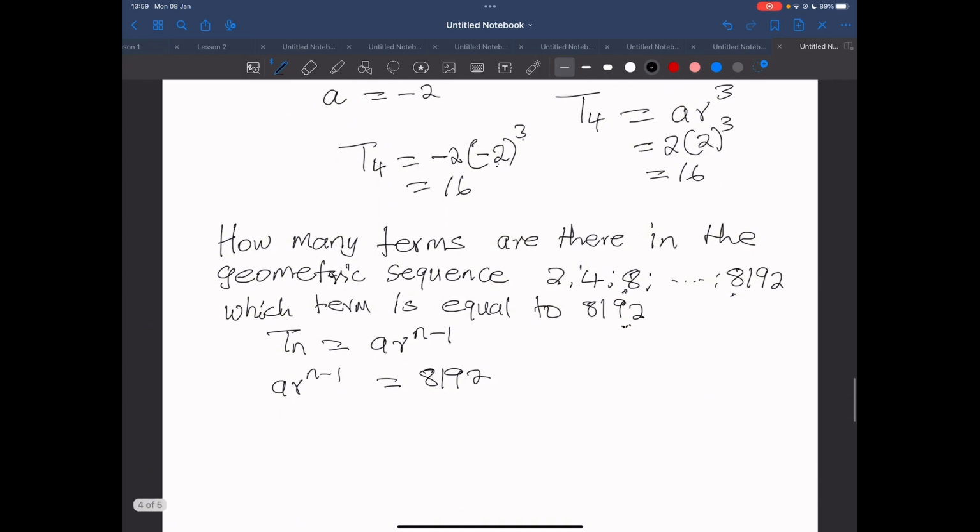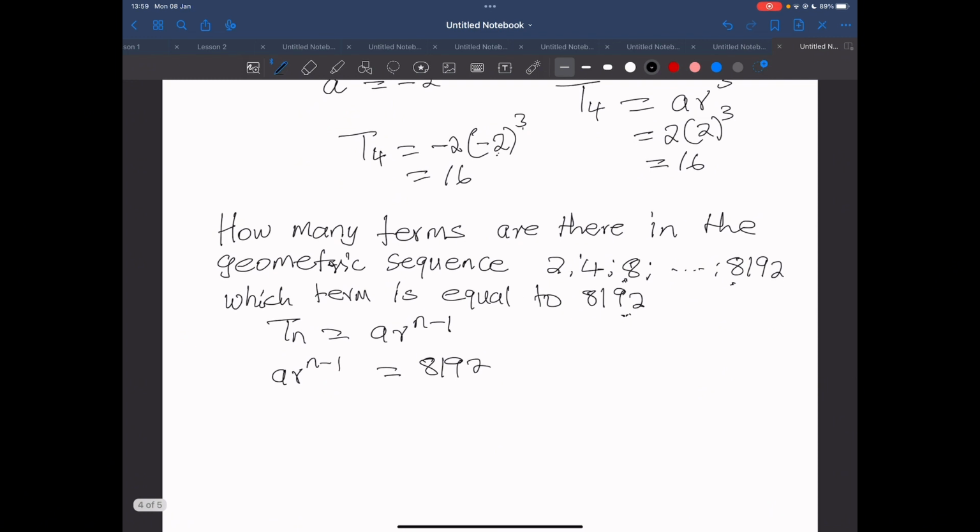We're actually looking for this n there. So let's substitute. What do we know? Already we have been using the sequence, so we know that a is 2. And r, we have calculated that r is 2. And then we have the power n minus 1. So this is 8192.